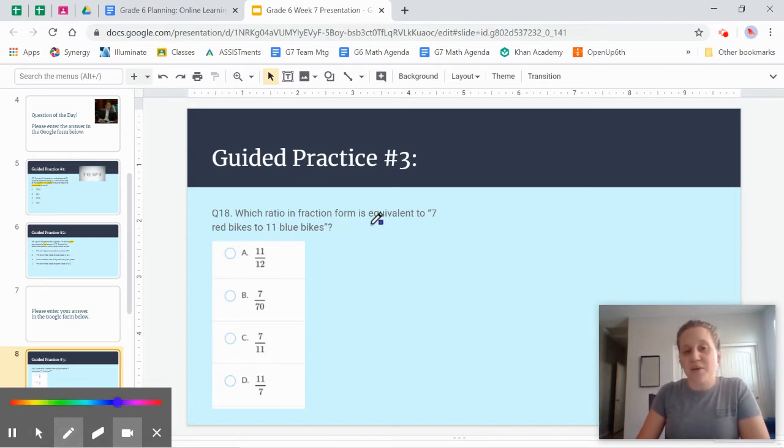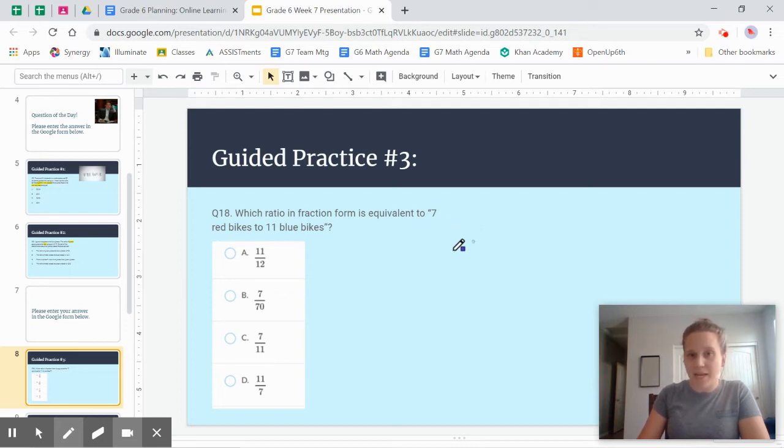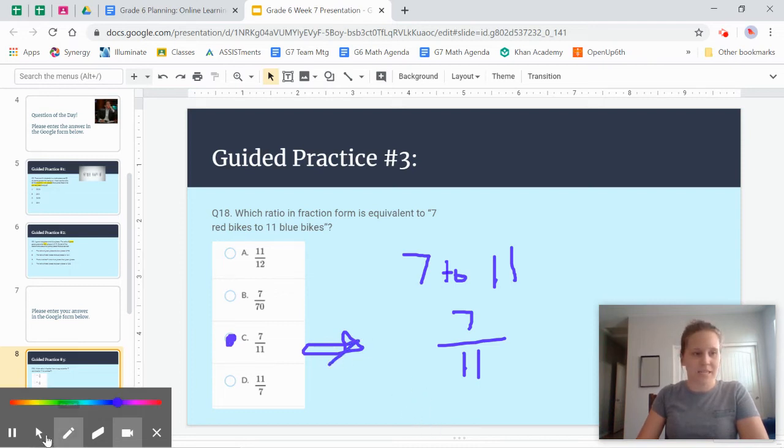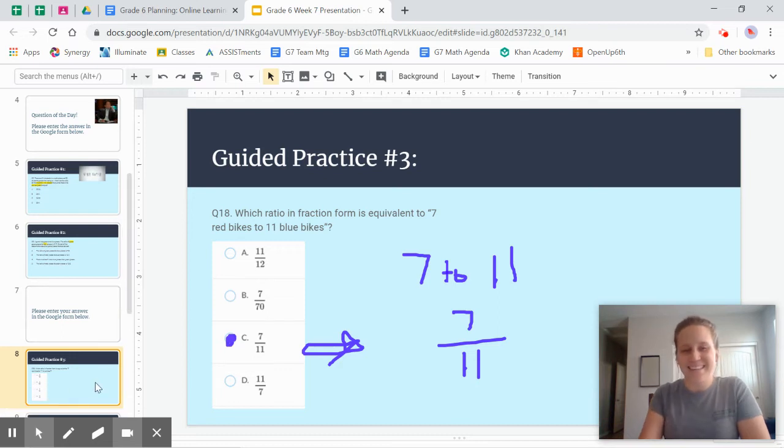It says, which ratio in fraction form is equivalent to 7 red bikes to 11 blue bikes? 7 to 11, I would write as 7 to 11, okay? Answer choice C is correct. If you chose answer choice C, put a big star on your paper. Whoa, not that big, that one was crazy. This is hard to write with my mouse.